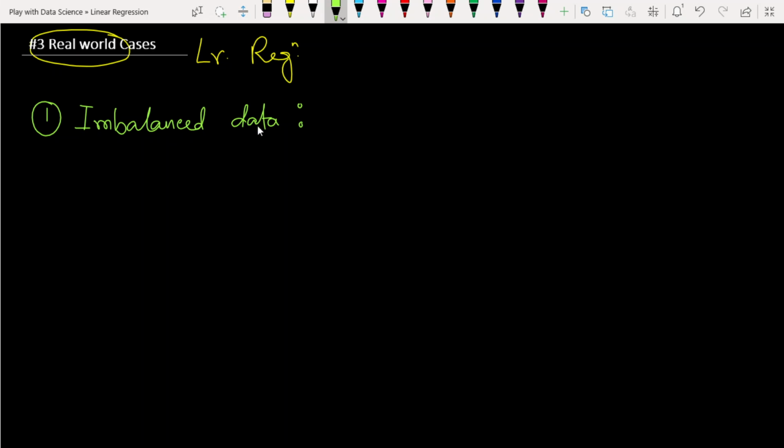Suppose balanced data for regression means what? It is well distributed. Just see this graphically.